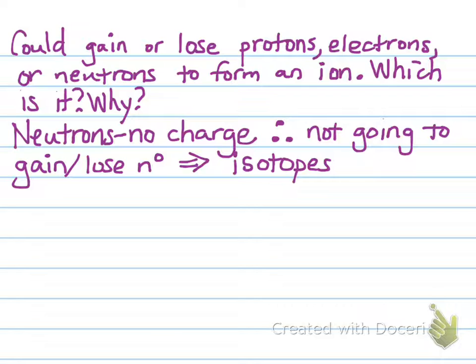So there are a couple reasons that we're not going to be talking about gaining or losing neutrons. Number one, they don't have a charge, so it wouldn't accomplish what we want to accomplish. Number two, when we have different numbers of neutrons in atoms, those are isotopes. They're not ions.